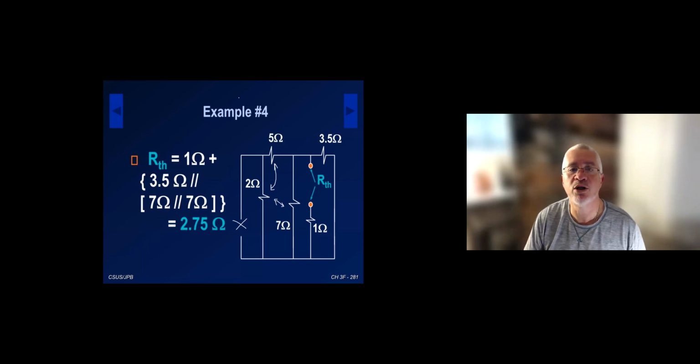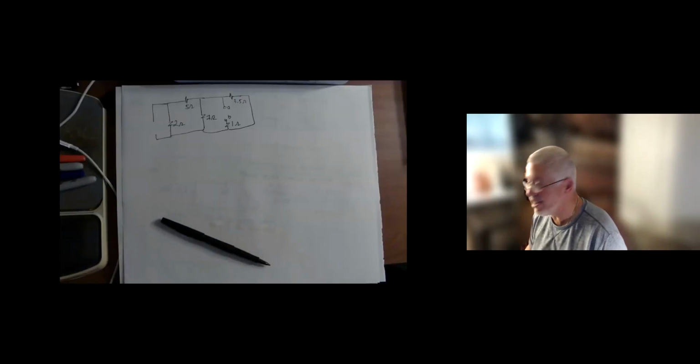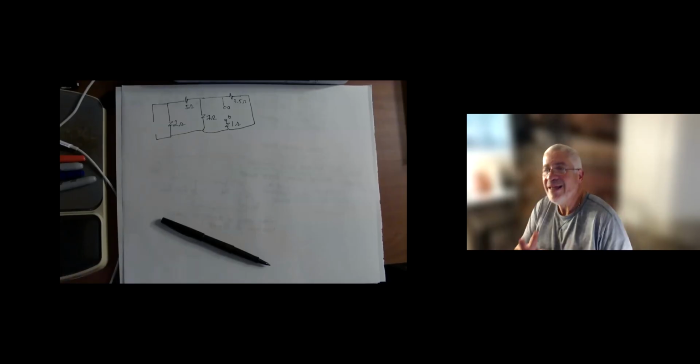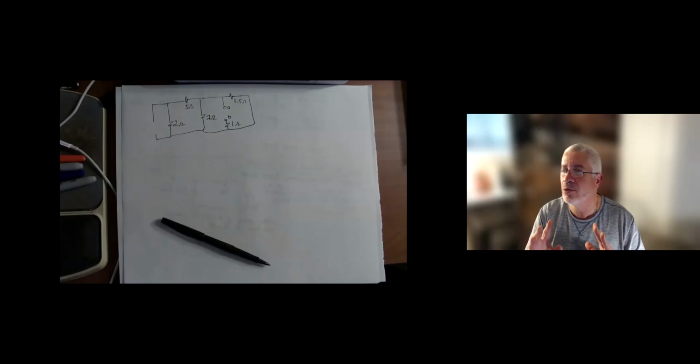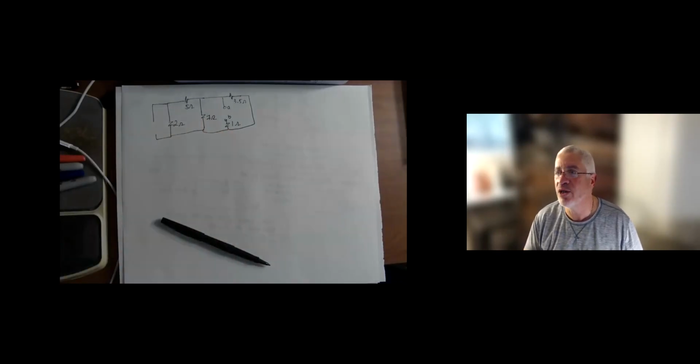Let me go to the document camera and hopefully it will cooperate nicely. All right, so this is the circuit and we're looking for the Thevenin resistance, looking into A and B. Again, if you feel comfortable when you're combining resistance, do it step by step. It's better to show your work step by step, as opposed to doing something that doesn't work.